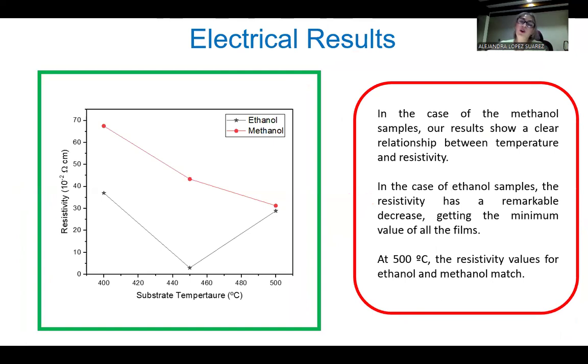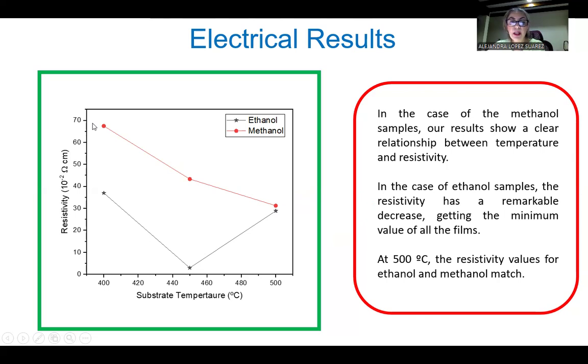The electrical results are interesting too, because in the case of the methanol, the samples show a clear relation between the resistivity and the substrate temperature.